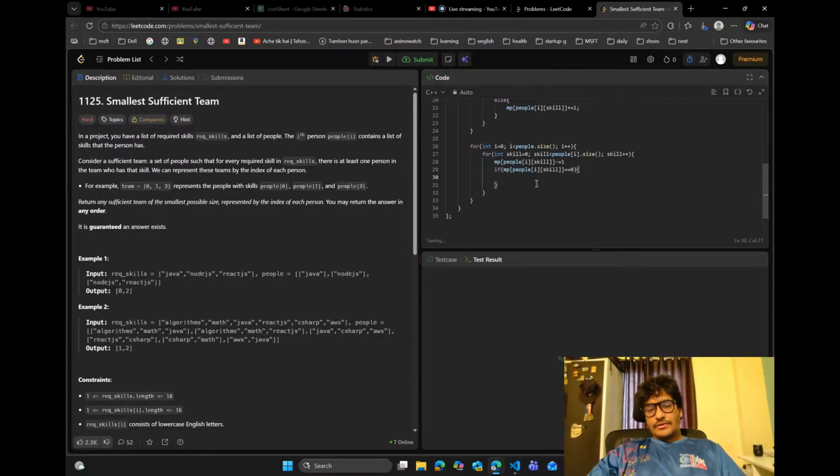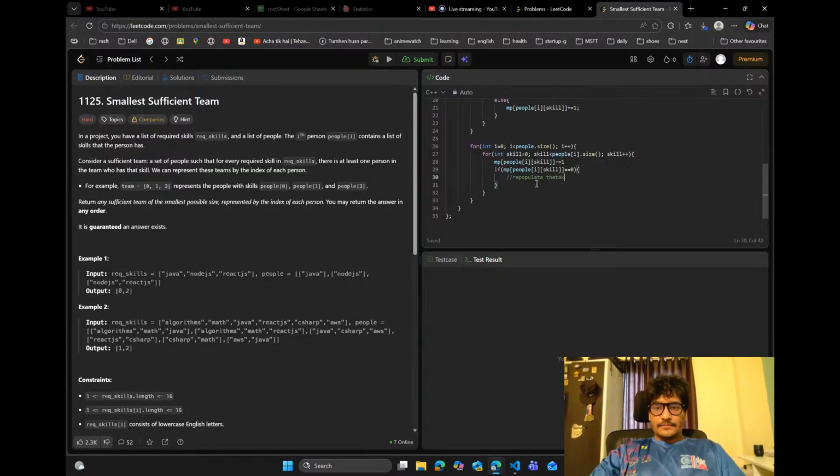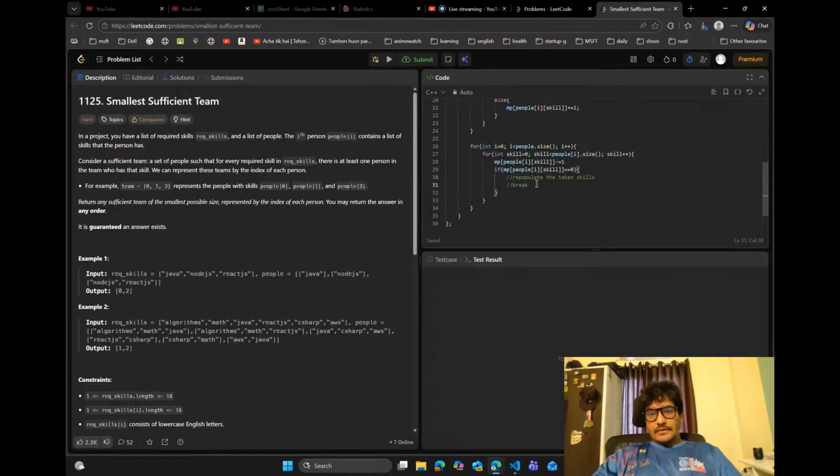Then we repopulate all those skills and break. If it is not equal to 0, just go on and just remove all the skills.